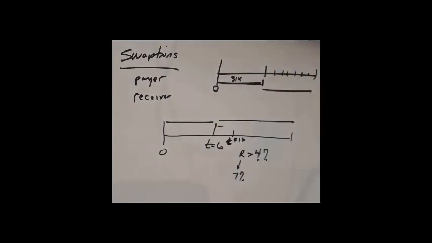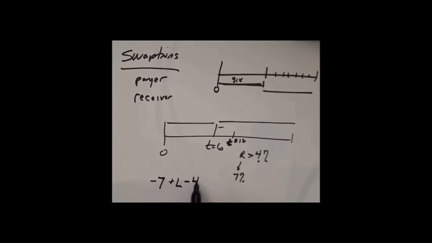Thus, you'll pay 7% on the bond, you'll get LIBOR, and you'll pay 4% on the swap, for a net payment of 4%. That's your cost. And what that means is you've just locked in 4%.